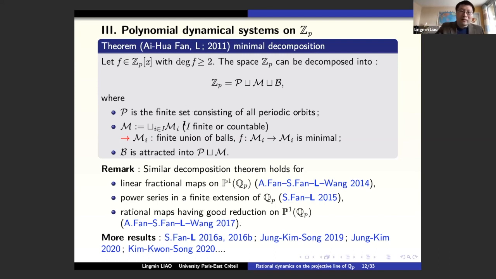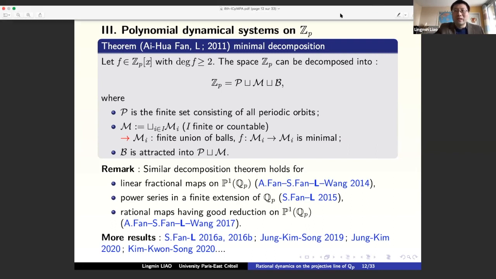And the second part is a union of minimal parts. Each part is minimal, and each part is a finite union of balls. On this part, your orbits will be dense.